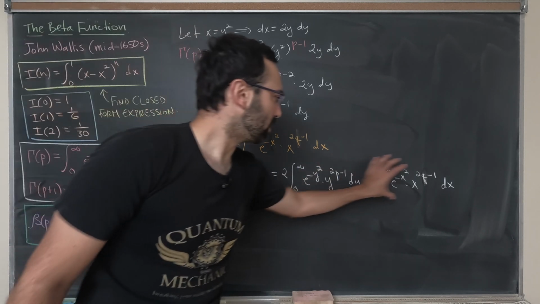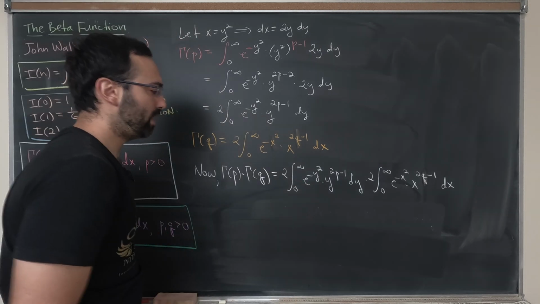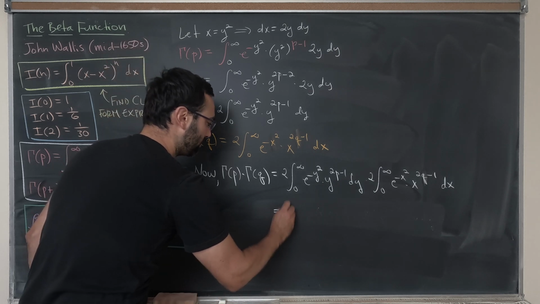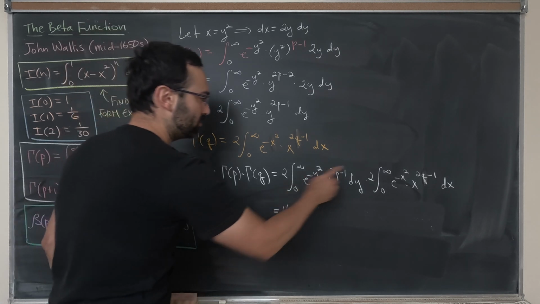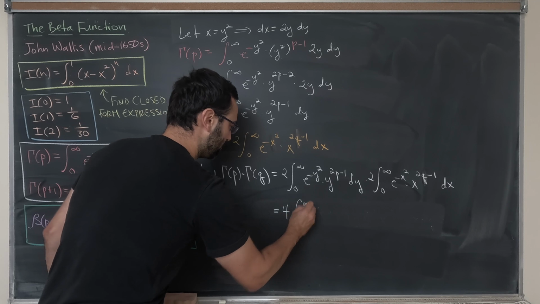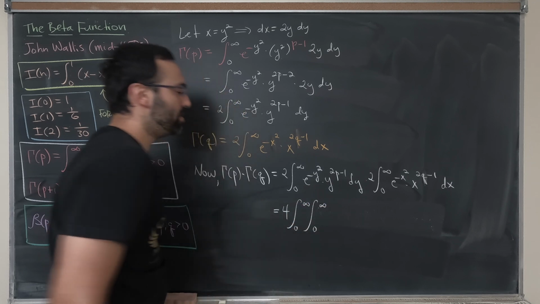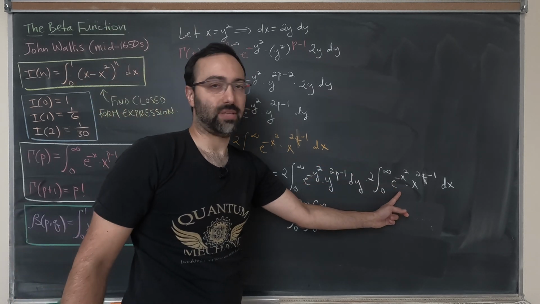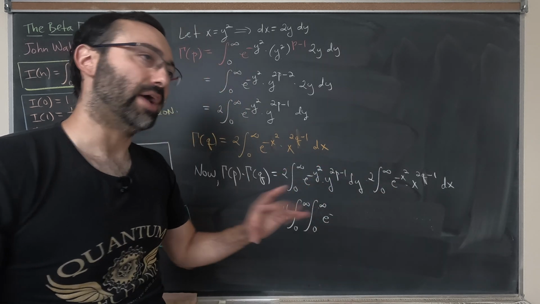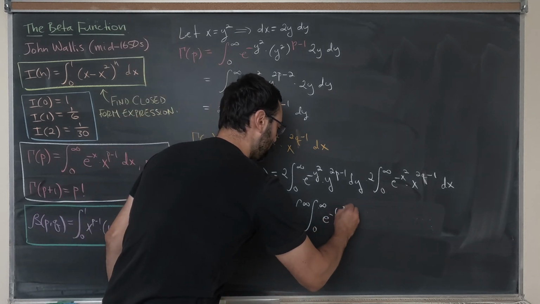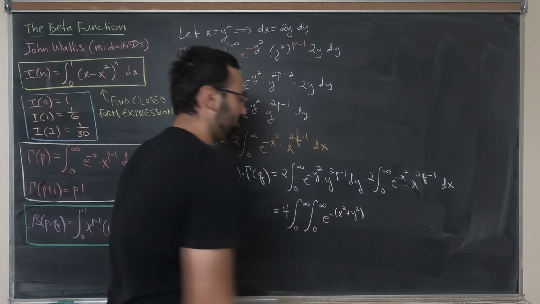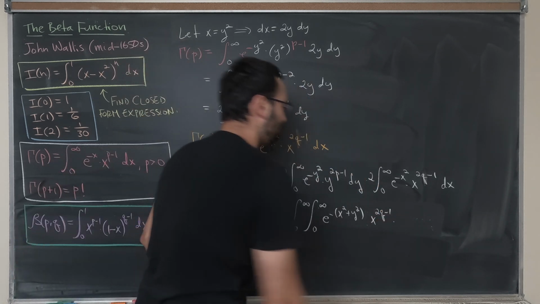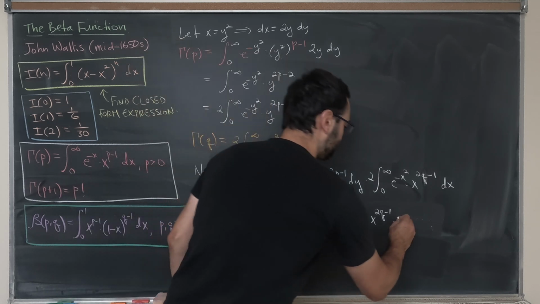So where do we go from here? Well, let's work on this a bit by tidying it up. So now, what we have is, we'll take this 2 out front to give us 4, and we'll have a double integral from 0 to infinity and 0 to infinity of e to the minus y squared times e to the minus x squared is e to the minus x squared plus y squared times x to the power 2q minus 1 times y to the power 2p minus 1.